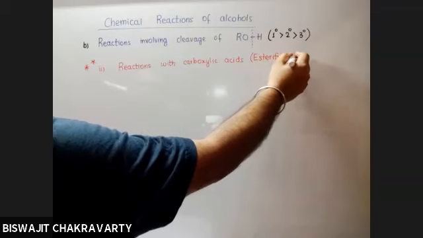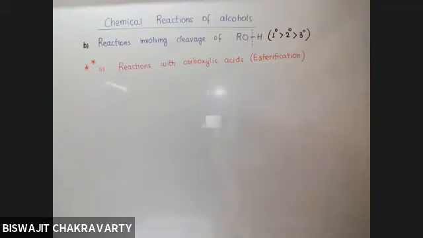As the name implies, esterification stands for production of esters, which means that when alcohols react with carboxylic acids, esters are produced. Esters have a very special characteristic. They all are sweet smelling, fruity smelling compounds. During their production, just with the help of smell, you can make out that esters are produced, because of which the reaction can be used as a test for alcohols as well as carboxylic acids.